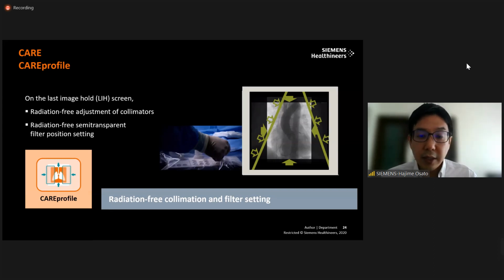It is linked to patient dose directly, and the scatter radiation amount is also reduced. Therefore, image quality also improved. Filtering is to suppress the halation, useful for the lung field, and so on. So CARE Profile provides radiation-free collimation and filtering.